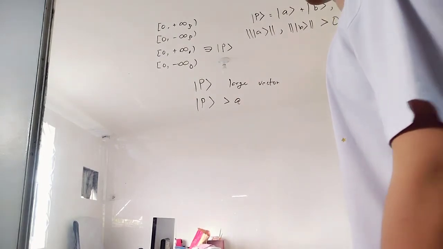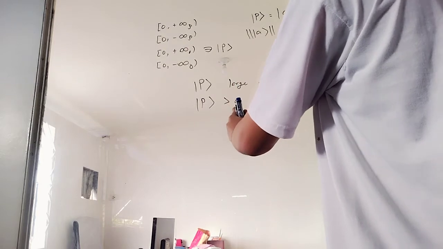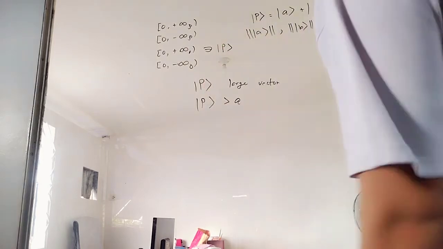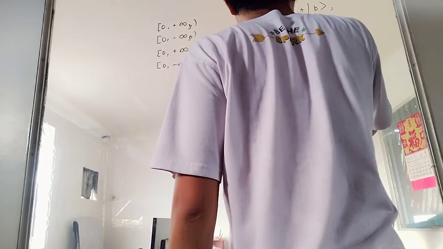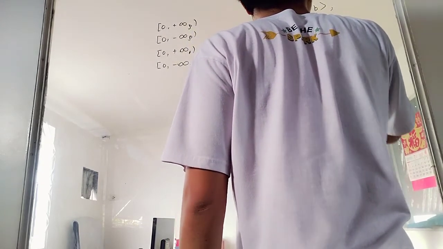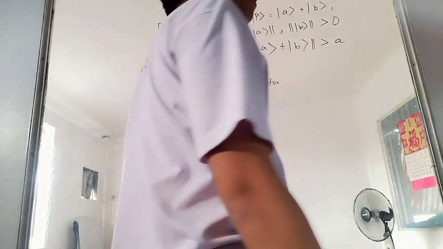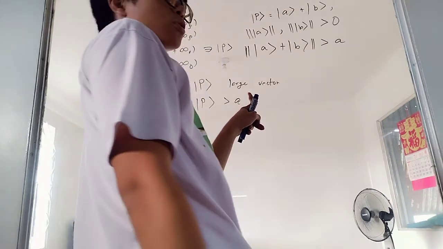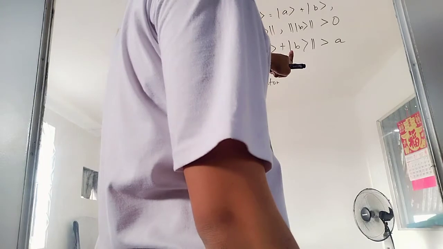We can't have zero distance here. We want them to lie in an interval greater than A. And we also want the norm of their sum to be greater than A. So if we add these together, we get P. Because P is greater than A, it must hold that its components, A and B, must be greater than A.